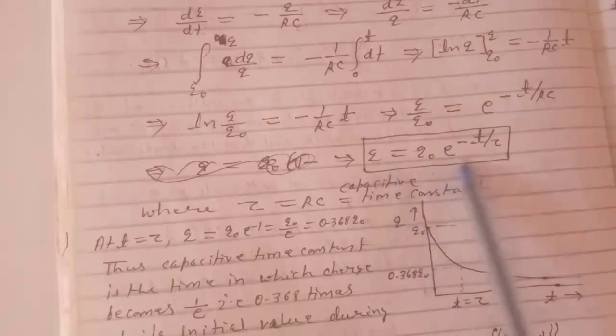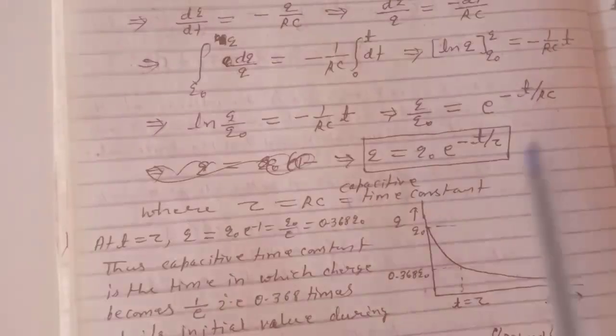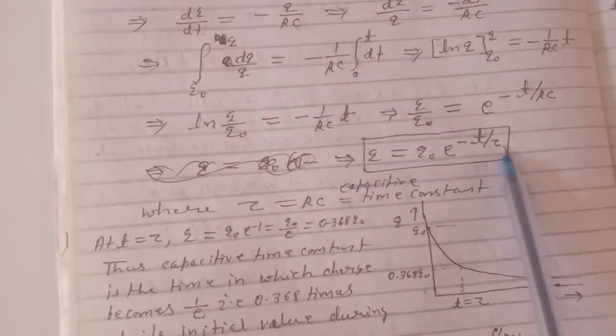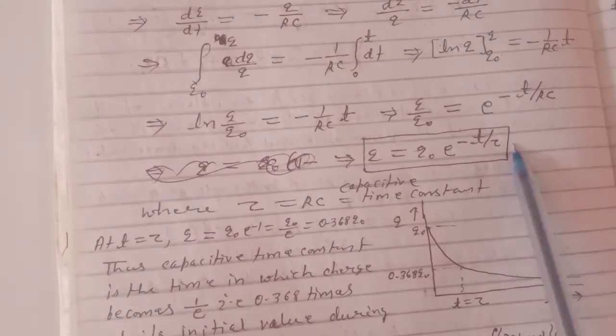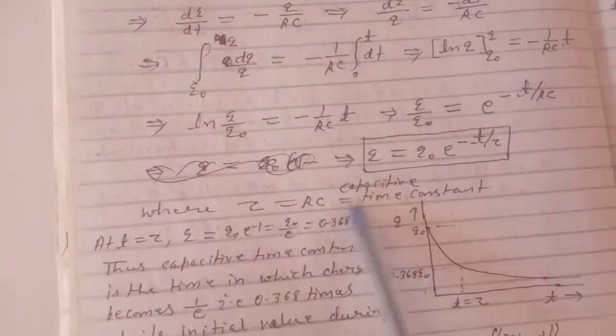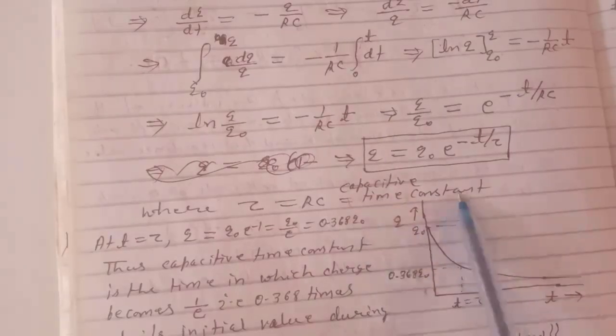It is also an exponential function, and tau, as we know, represents RC and is called the capacitive time constant, where tau equals RC.